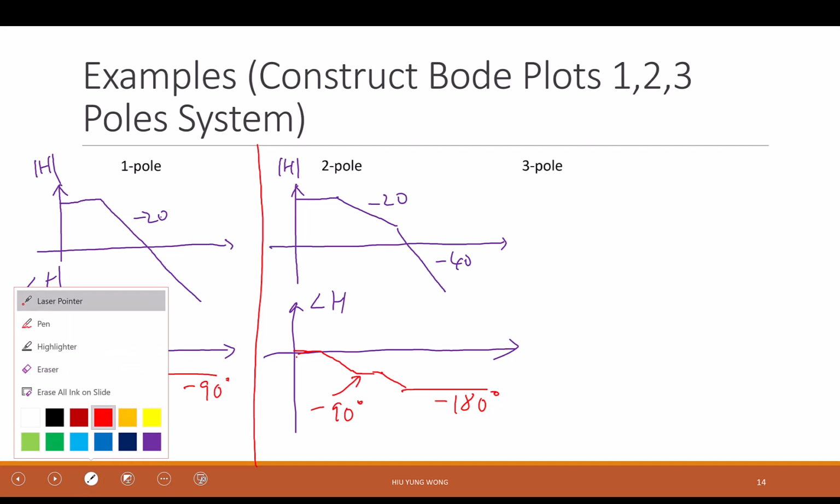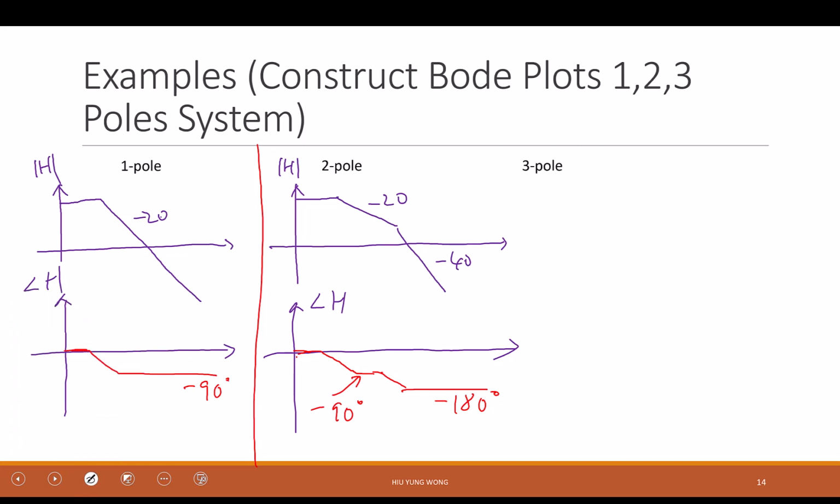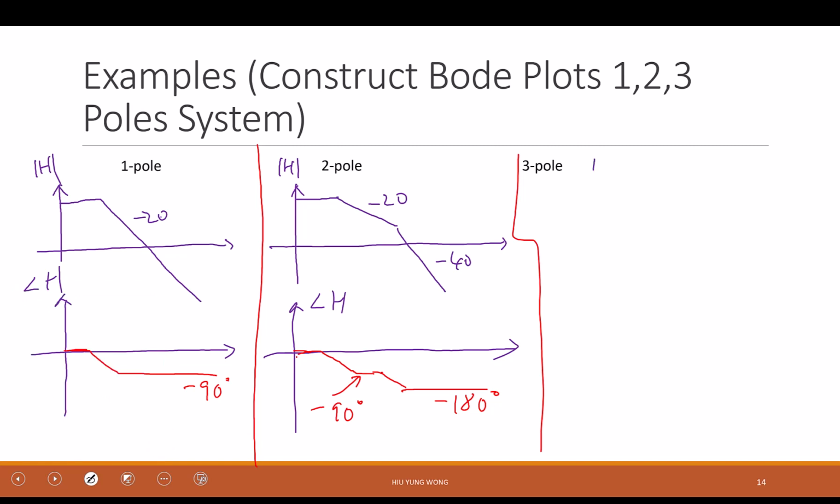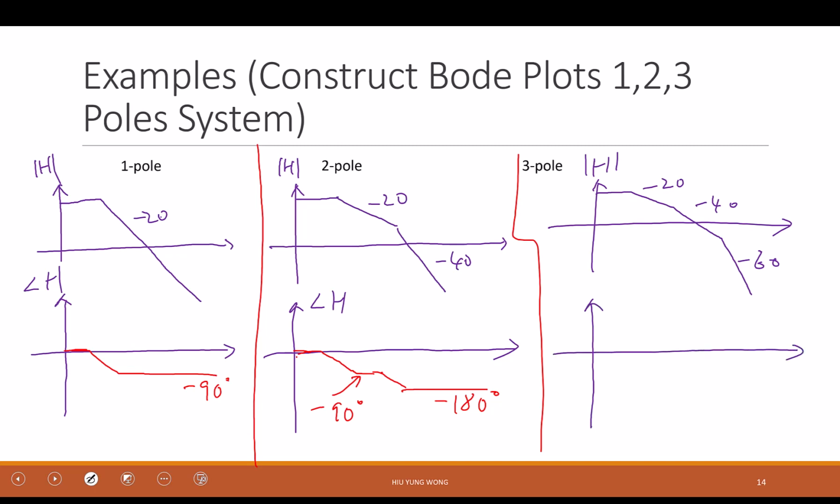So in order to get oscillation, we try this. I have three poles. First pole, second pole, third pole, negative 20, negative 40, negative 60, right? Very steep. And what will happen to the angle?